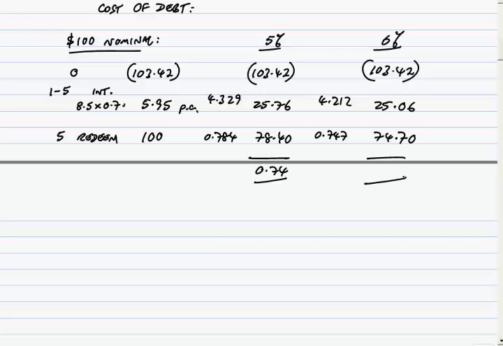And so the net present value is $3.66 negative. Well, the cost of debt itself is the internal rate of return.